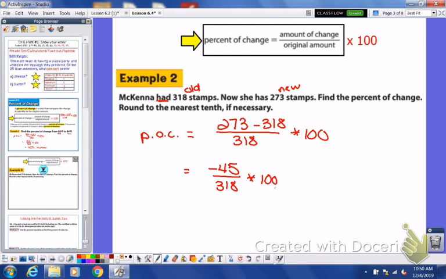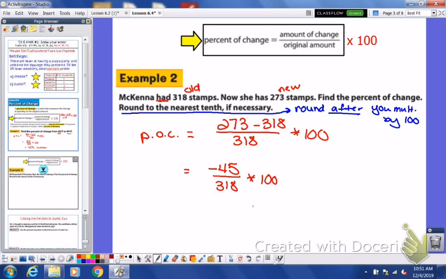Now be careful. I'm going to go back and label something here. When it says to round to the nearest tenth, if necessary, because I know we're going to have to round here, you round after you multiply by 100. You do not round until the very, very end.